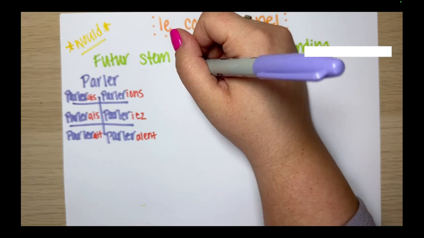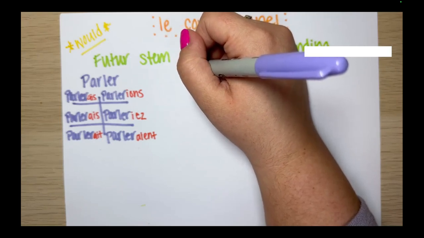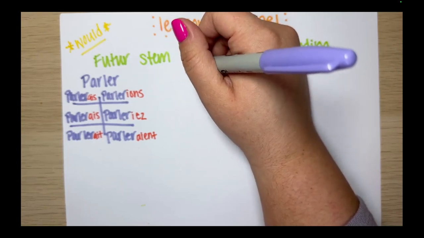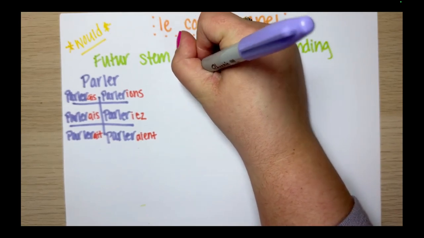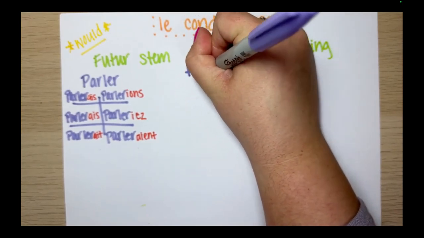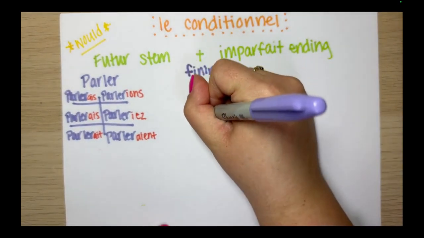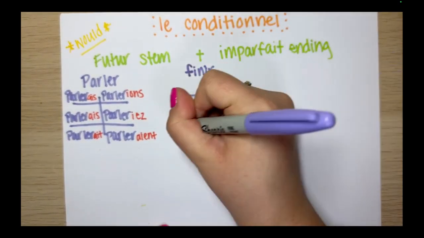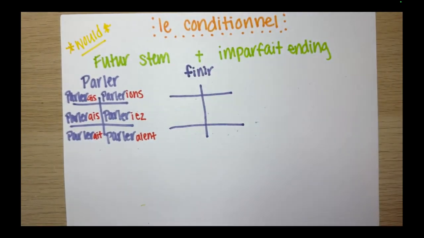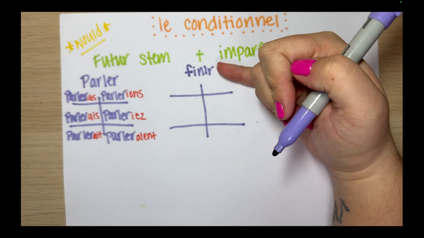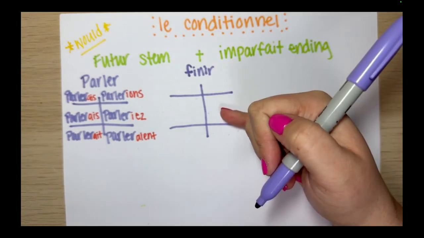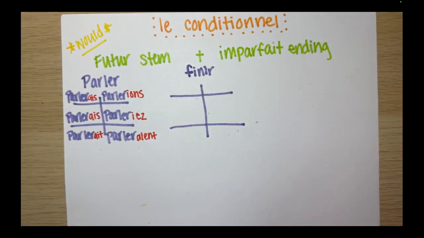So our second example, notre deuxième exemple va être le verbe finir. Our second example is going to be the verb finir in le deuxième groupe des verbes, in the second group of verbs. So we have our conjugation chart. And to find the future stem, remember, we basically take the infinitive and copy that down, and that becomes our future stem, sauf les irréguliers, except for the irregulars.